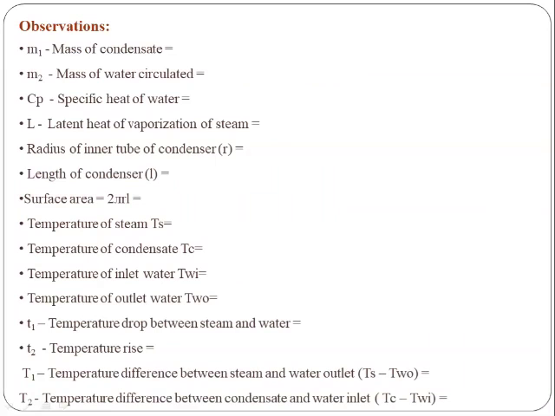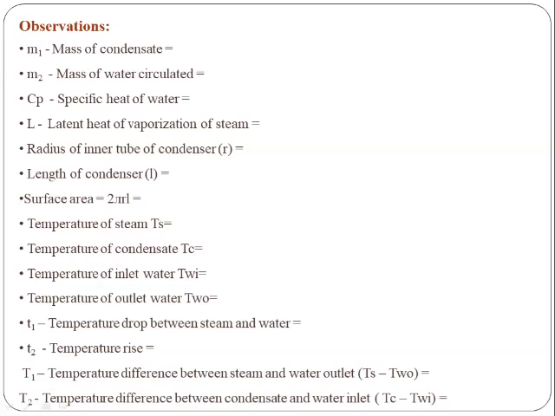Here some observations are given which we obtained after experimental work. M1 be the mass of condensate, M2 be the mass of water circulated, Cp be the specific heat of water, L be the latent heat of vaporization of steam, radius of inner tube of condenser is R, length of condenser becomes L, surface area is calculated by using the equation 2 pi R into L, temperature of steam is Ts, temperature of condensate is Tc, temperature of inlet water is Twi, temperature of outlet water is Two.